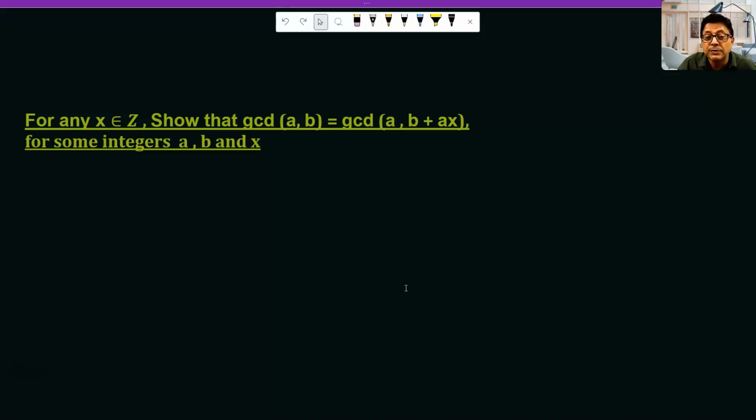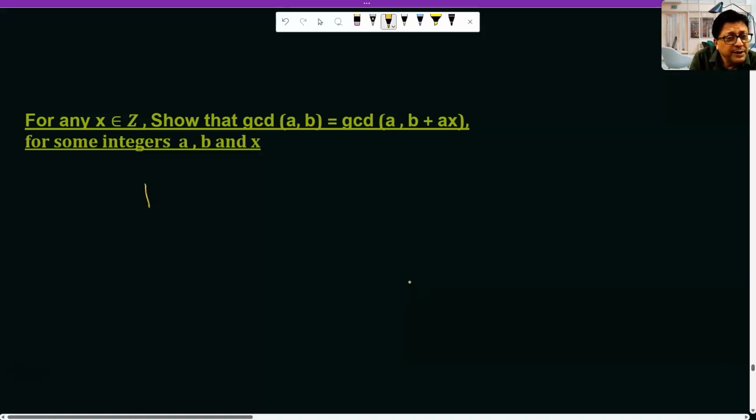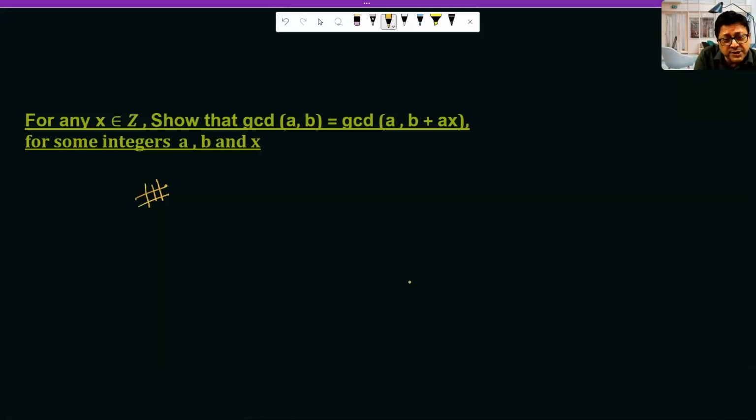What is that? It is just that GCD of A and B can be written as GCD of A and B plus AX. A very common observation which can be used for previous sums. Today I will be giving you the proof. You try to get the previous sums or the problem sums I have shared with you with the help of this concept.